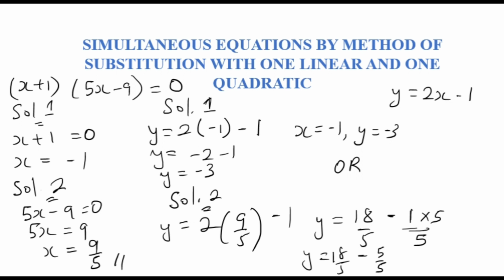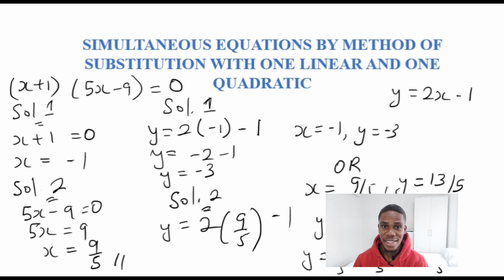So we have the same base. We can subtract the numerators. We have y to be 13 over 5. So for our second solution, we have x to be 9 over 5, or y to be 13 over 5. And that's our final answer.